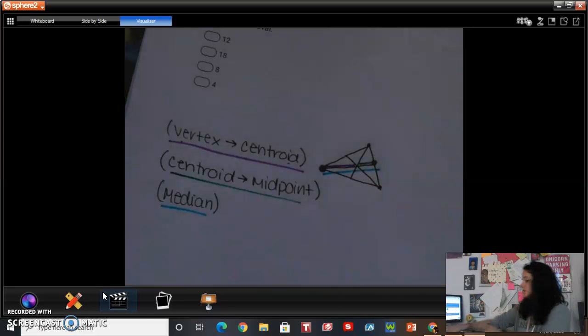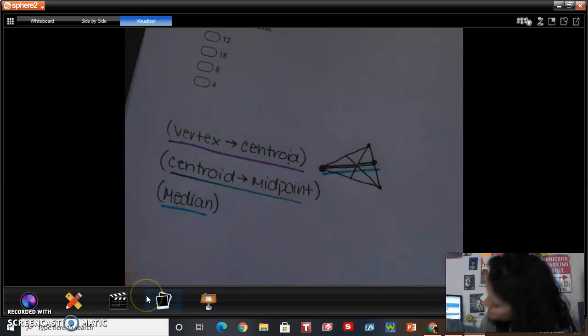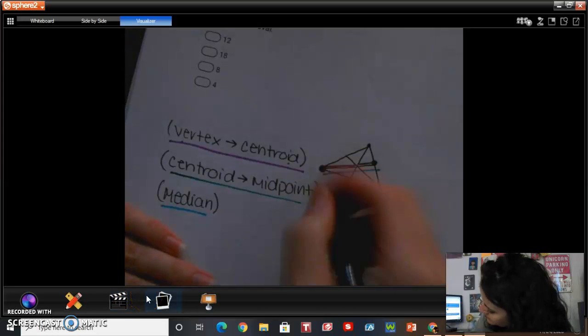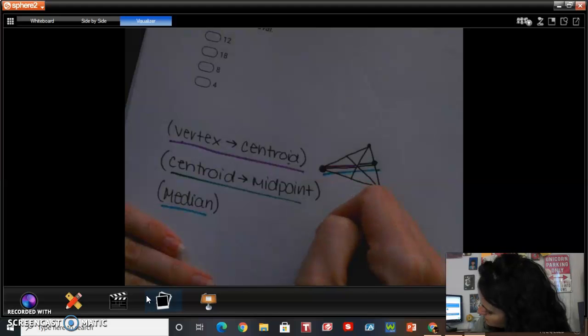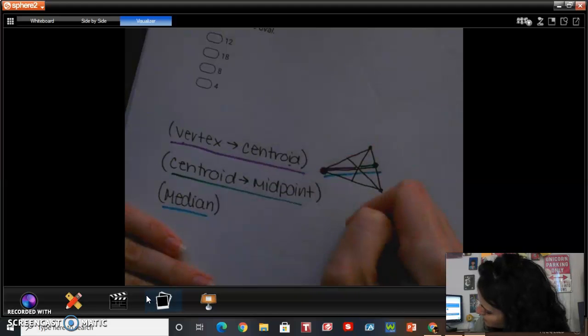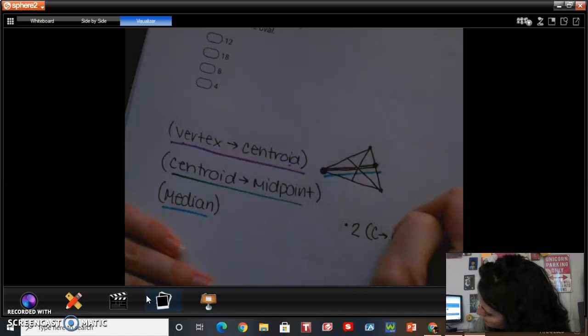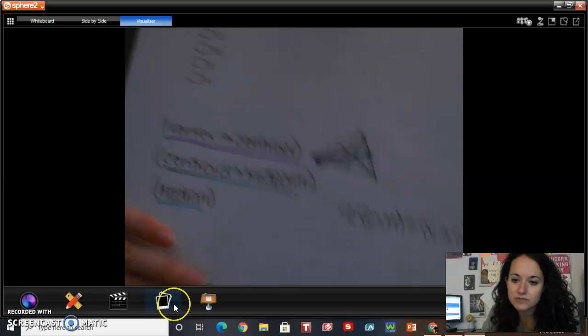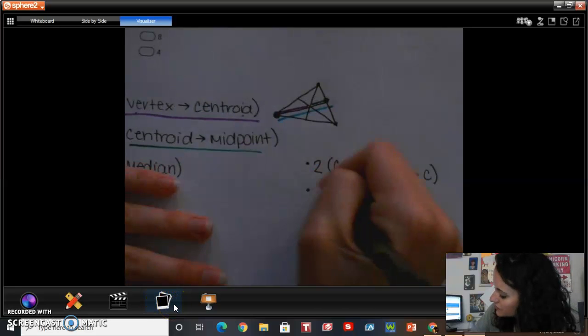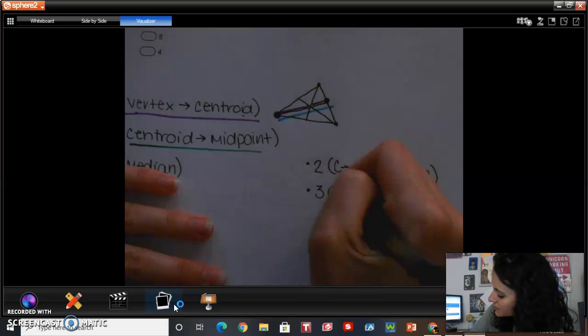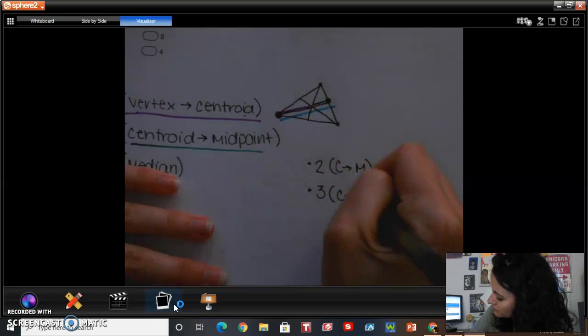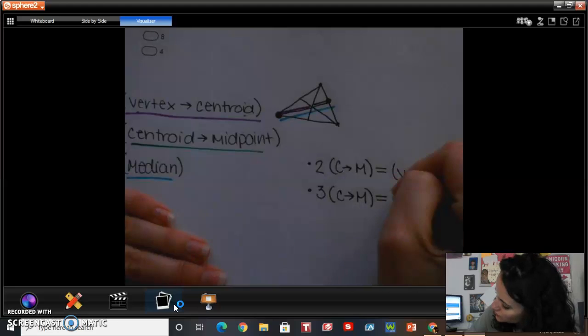All right, so our three formulas that we are dealing with, the easy ones first. So our easiest one would be, and I'm going to abbreviate these if y'all don't mind. We got what? 2 times centroid to midpoint equals vertex to centroid. Okay, it's one of the easy. Another super easy one is 3 times centroid to midpoint is equal to the median.